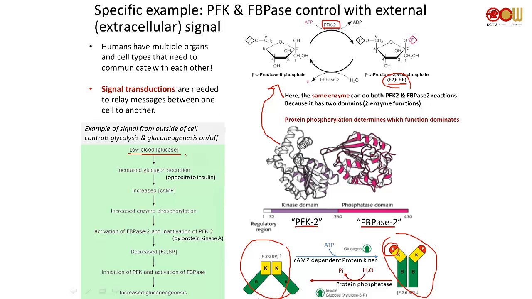Your cell is going to sense a low glucose level, and will secrete a molecule, actually a protein molecule called glucagon. This is a hormone, a molecule that controls things, and it can fly around in your body.